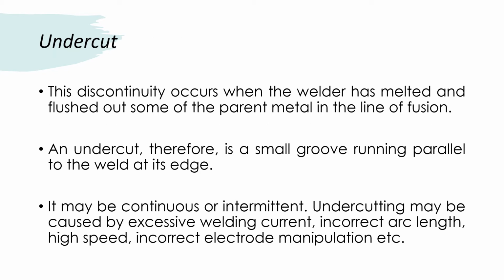Next is undercut. This discontinuity occurs when the welder has melted and flushed out some of the parent metal in the line of fusion. An undercut, therefore, is a small groove running parallel to the weld at its edge.